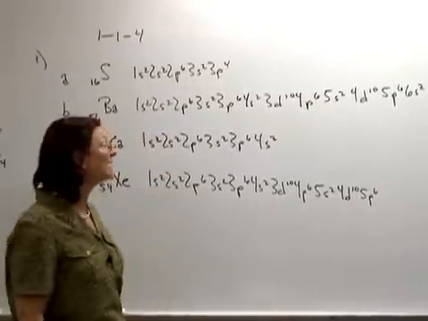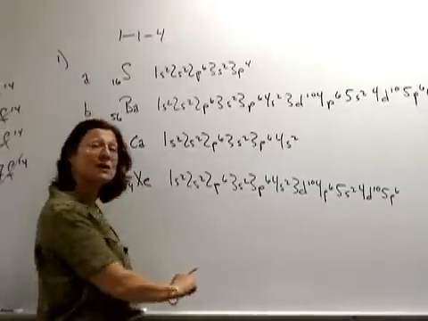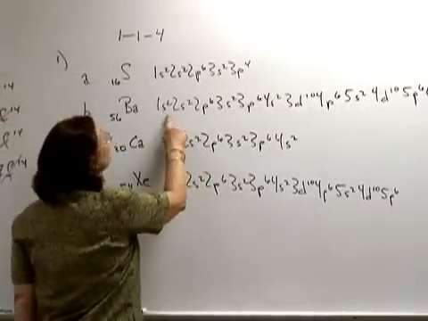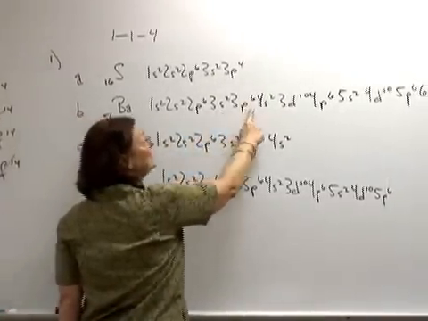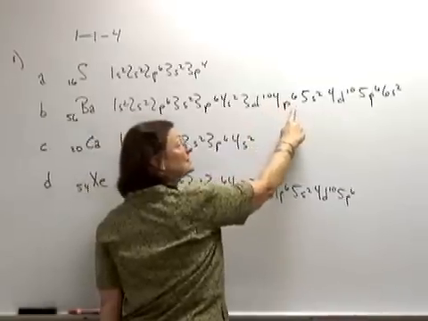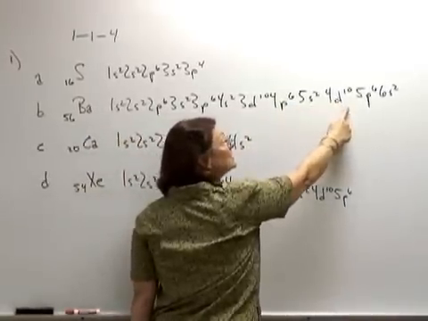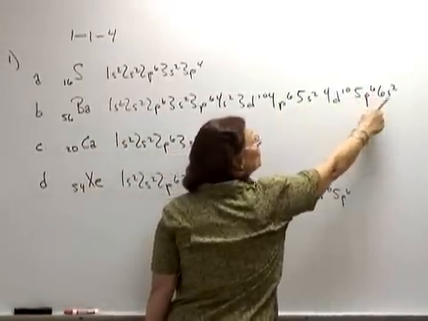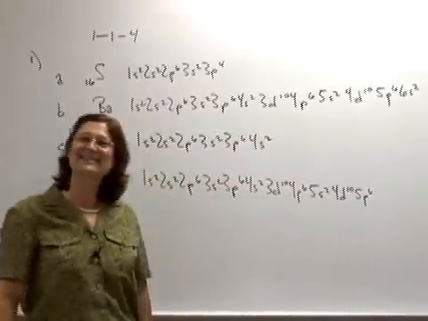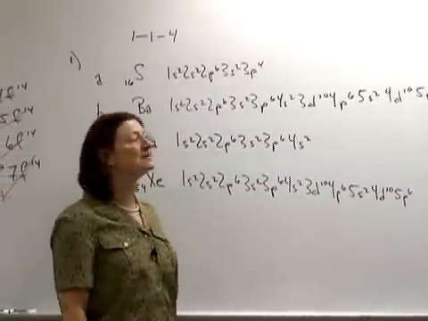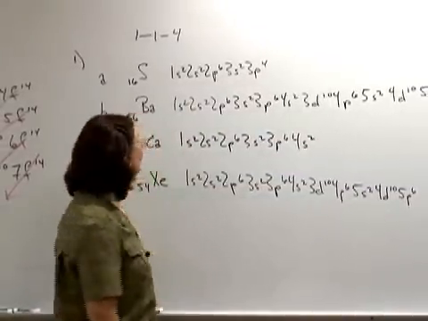And that's a good double check. If I add up the numbers, they should come out to 56. 2, 4, 10, 12, 18, 20, 36, 38, 48, 54, and 56 is how many electrons that barium has in the neutral atom.